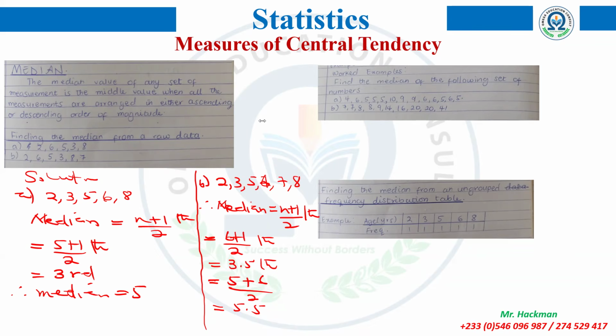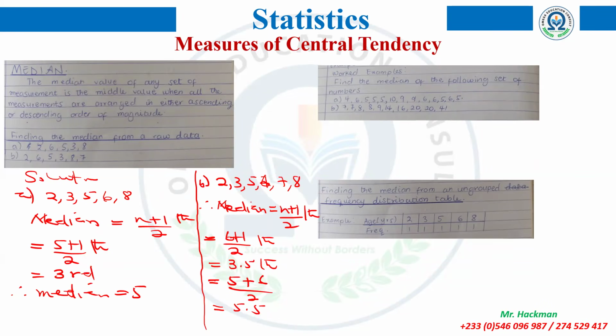Okay, good. So at this point, we are going to look at another situation. If you look at what you have here, this time around, we are looking at finding the median from an ungrouped frequency distribution table. This is all that you need to know.